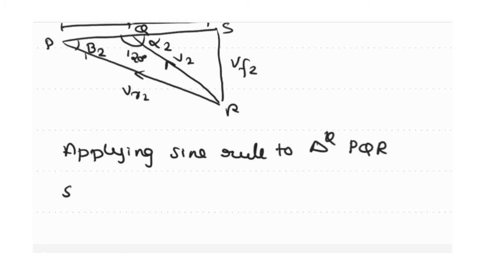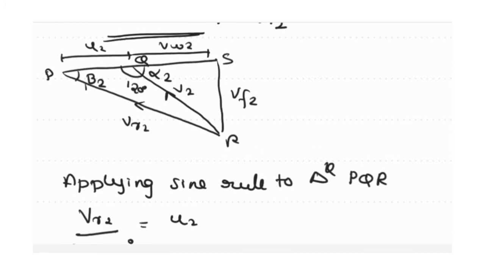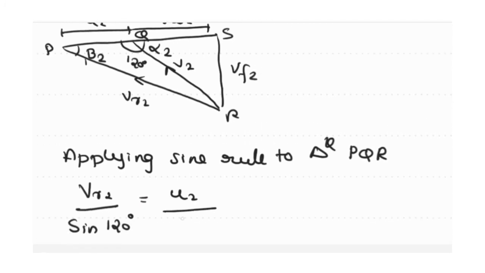So that is VR2 divided by sine of the opposite angle, that is 120 degree, is equal to U2 divided by sine of the opposite angle, that is 180 minus 120 minus beta 2.